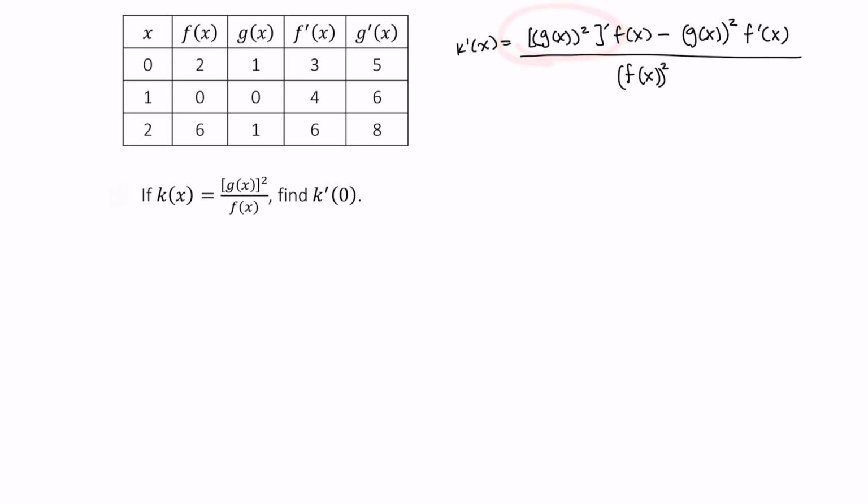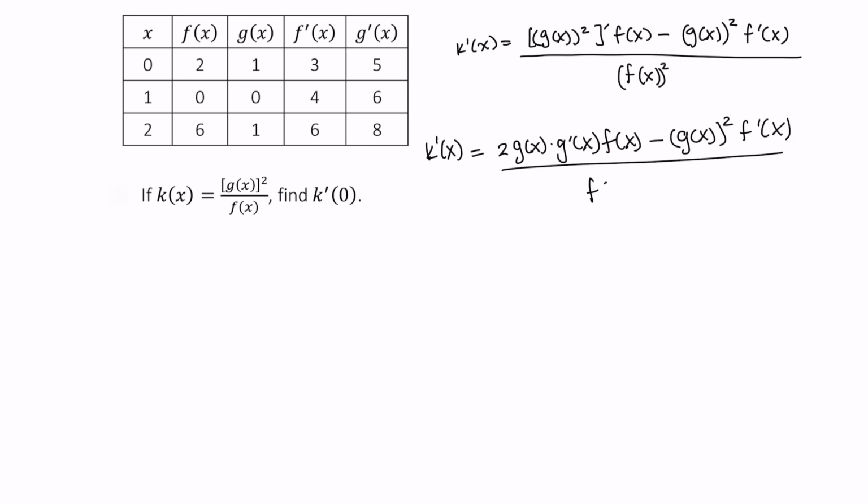This requires using the chain rule. So k prime of x is equal to 2 g of x times g prime of x times f of x minus g of x quantity squared times f prime of x over f of x squared. So that was step 1, and I'll write that down here, 1.